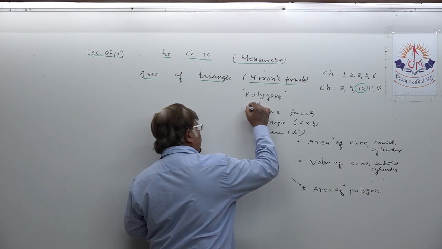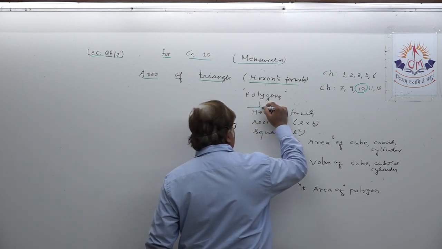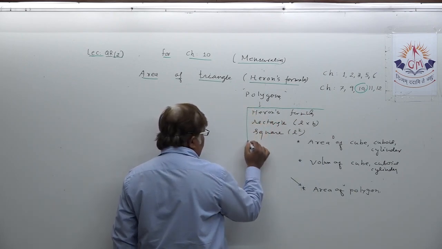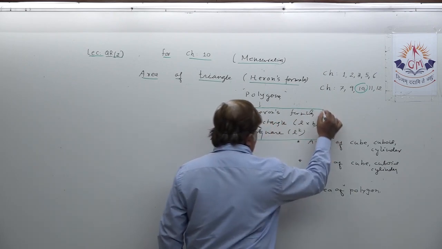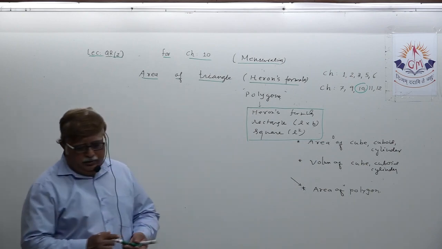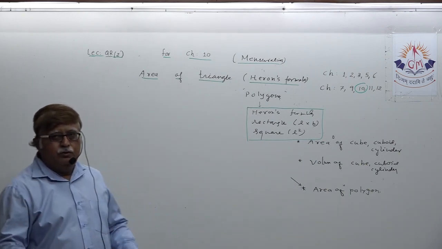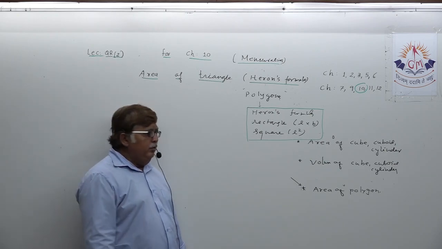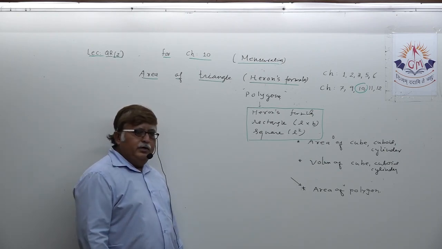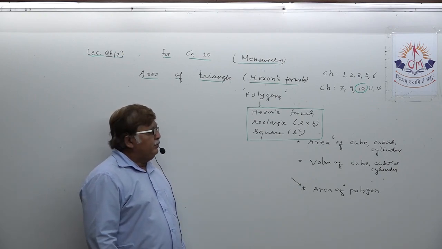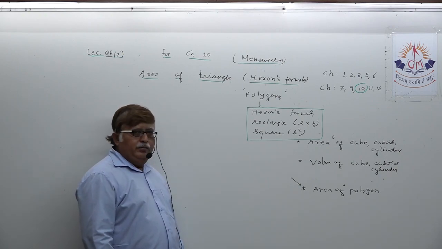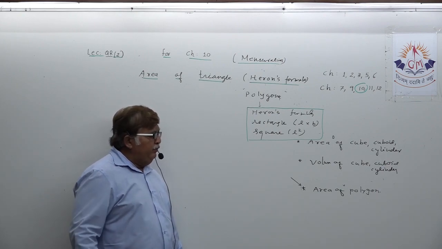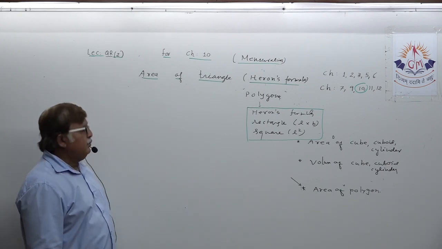If you want to find the area of a polygon, please note down these primary basic requirements you should know: the area of a rectangle, length into breadth, and the area of a trapezium.